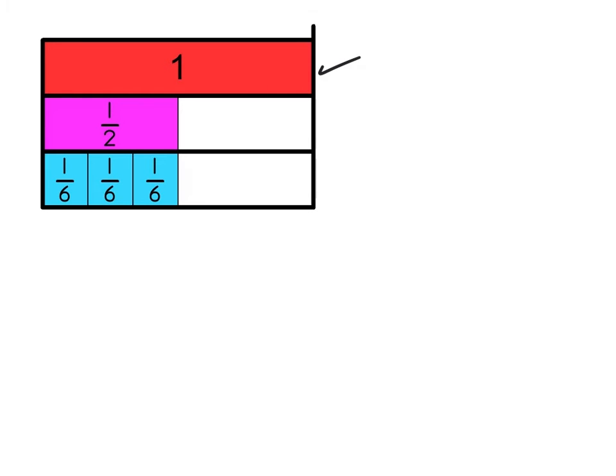So if I really look at this, I see that there's 1/2 here in purple, and it looks like they took that half and basically split it up into 3 groups. So it's almost like me saying, okay, if I had a half to begin with, what do I start with? I'm starting with a half, and then they're going to take that and split it into 3 groups.